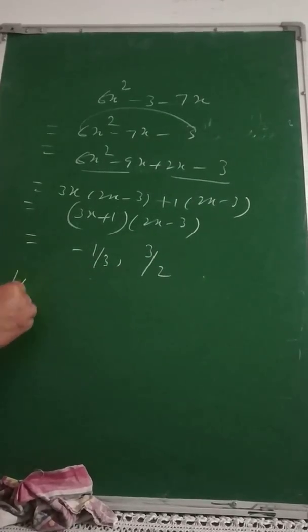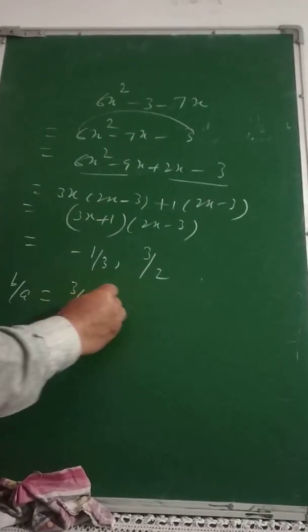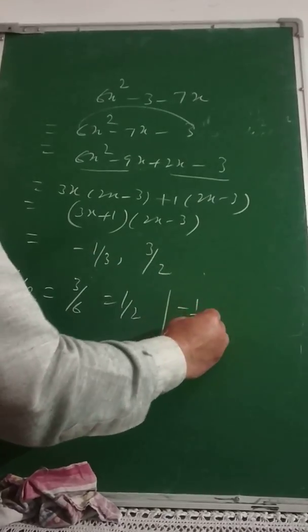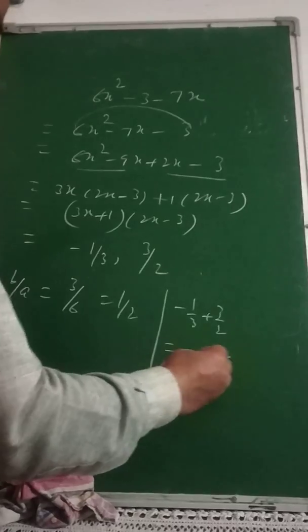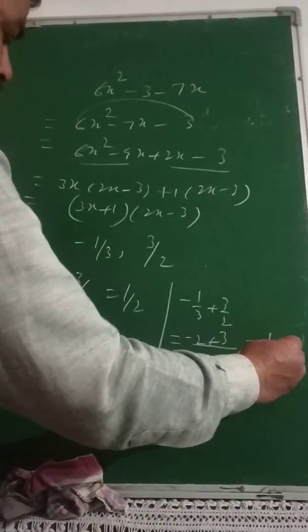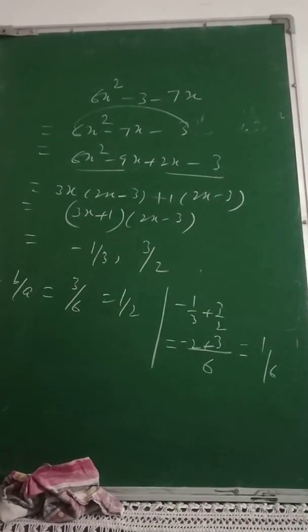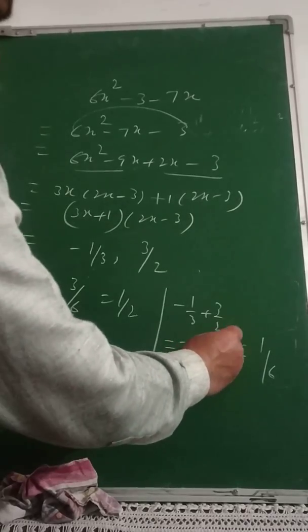So minus b upon a, here it is 3 upon 6, that is 1 upon 2. And in your verification, minus 1 upon 3 plus 3 upon 2, you can check, 6 is the LCM, that is minus 2 plus 3 is equal to 1 upon 6.